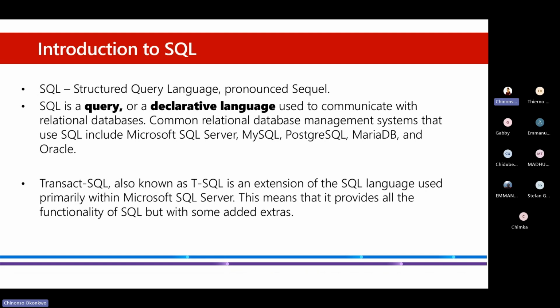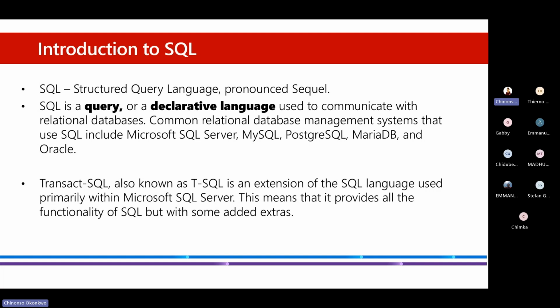Now, when we talk about the different database management systems that we have, where we mentioned Microsoft SQL Server, MySQL, it makes you wonder, do you need to learn all of this? Do you need to go ahead and be like, okay, I'm learning SQL Server, I'm learning MySQL? All of these are basically just variations of the standard SQL language. So these organizations each set up their own variation of SQL, adding other functionalities to it.